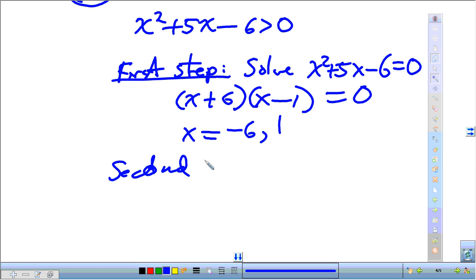Now, the expressions we're looking at are generally continuous. And so no holes, no jumps.